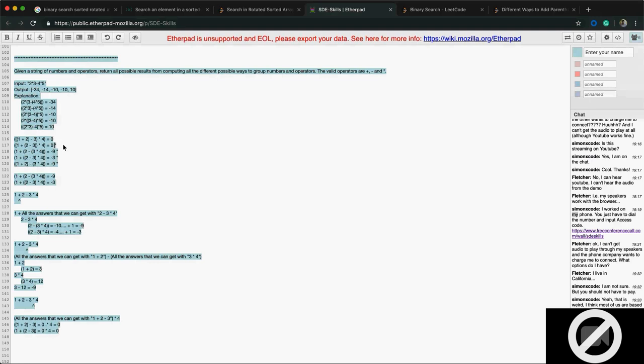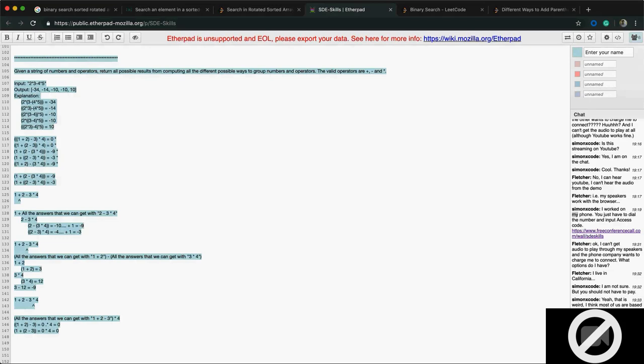So we can definitely use recursion: break the string where we get the operator, and then combine all the answers. As we recurse, we can get multiple answers. We can combine all those answers, and then in a for loop, we can combine the left with the right.